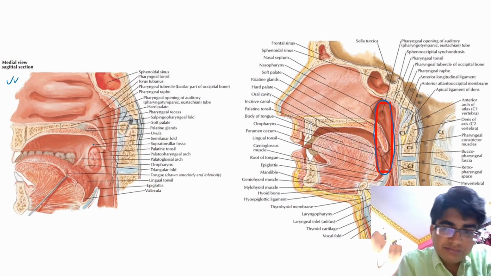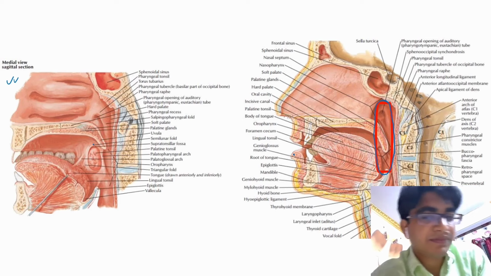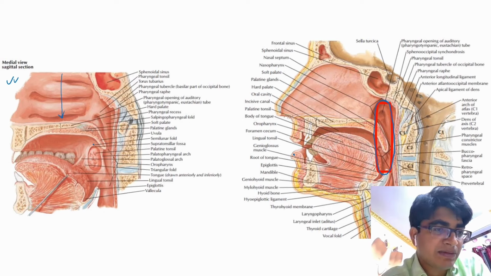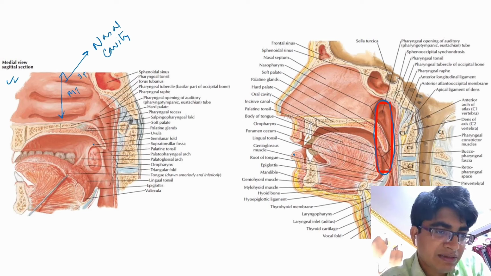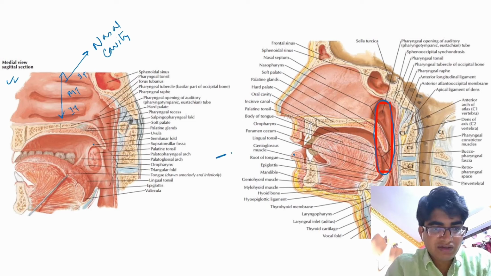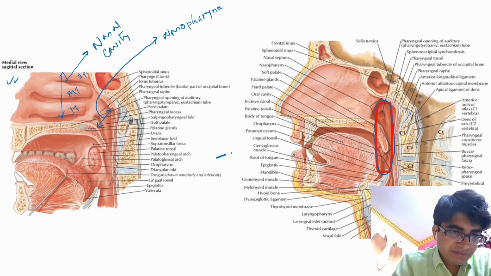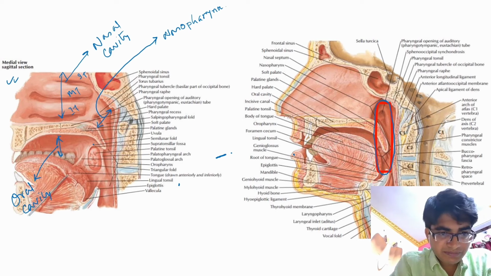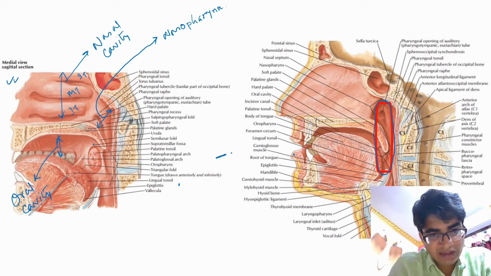Here we can see the part of the nasal cavity, its turbinates, that is the superior turbinate, middle turbinate and the inferior turbinate, the part of the nasopharynx, the part of the oral cavity, and the part of the oropharynx, correct?